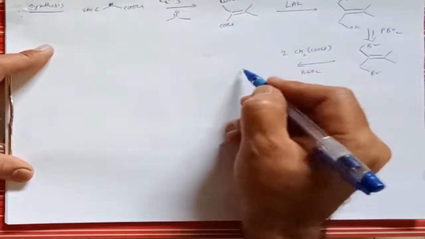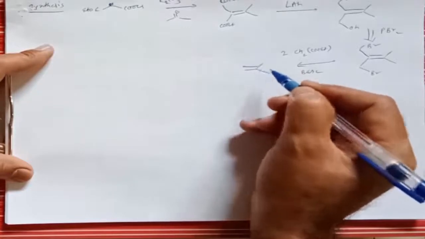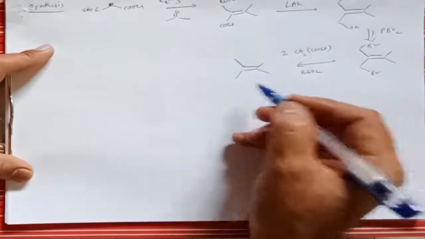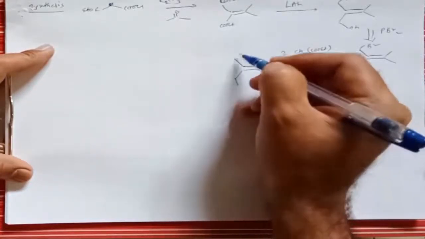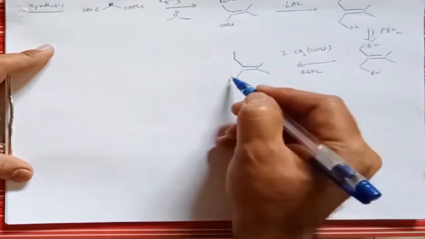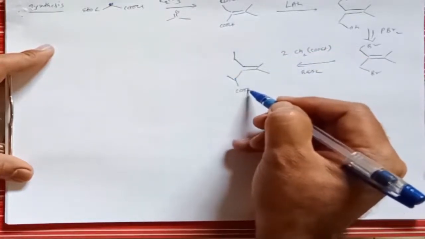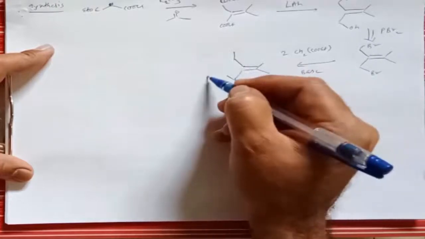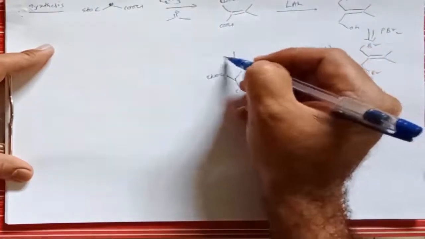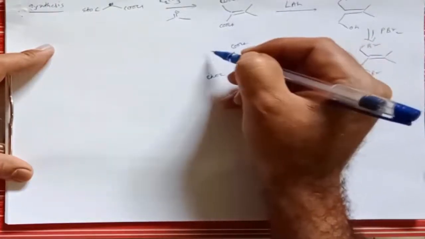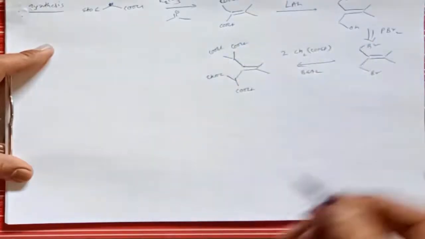So what does it give? This olefin remains as it is, and here it will react with this bromo compound and it gives formation of COOEt, COOEt, again COOEt, COOEt, right?